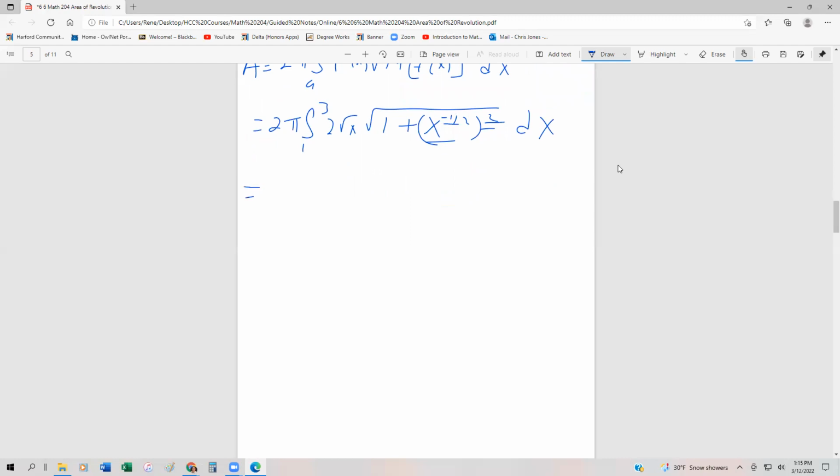And so ultimately, this just winds up underneath the radical. And I'm going to factor out the other 2. So I'm going to make this 4 pi. We have a 2 and a 2, and that becomes 4 pi, square root of x, and then this becomes 1 plus x to the minus 1, dx.